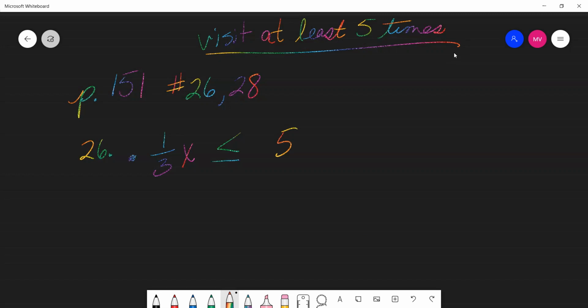We multiply both sides by 3 over 1, which is the reciprocal of 1/3. These become 1, so you're left with x is less than or equal to 15. Which makes sense, because 15 divided by 3 is 5. As long as the number is less than or equal to 15, you'll have a true inequality.